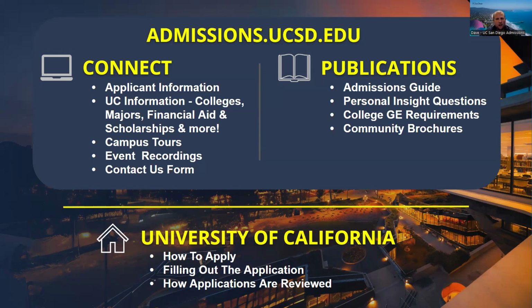For example, on our website, you'll find applicant information, details on the majors, financial aid and scholarships, how to schedule a campus tour, event recordings, and our contact us page. We also have digital publications such as the admissions guide, personal insight questions guide, a detailed breakdown of all the GE requirements for each of the 8 colleges, as well as our community brochure.